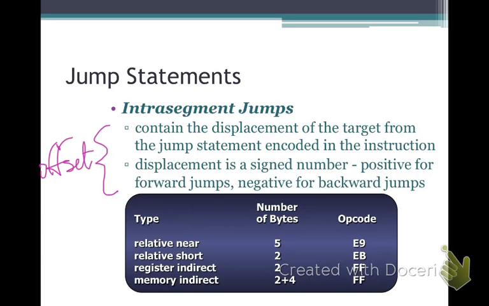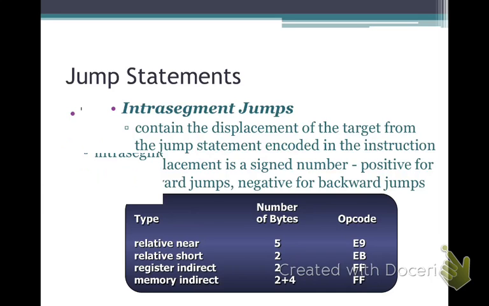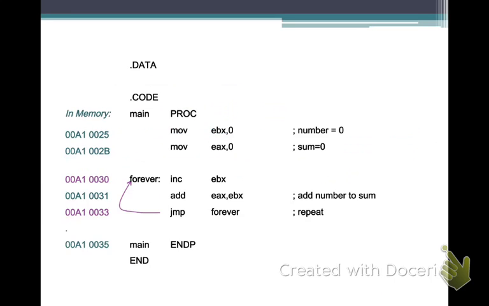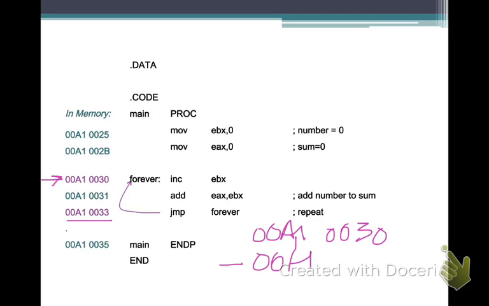So, I tell you what, let's go back. And let's see right here. We said it was destination, and we're jumping to this place in memory. So, 00A10030 minus the location of the instruction plus 2, 00A10035.